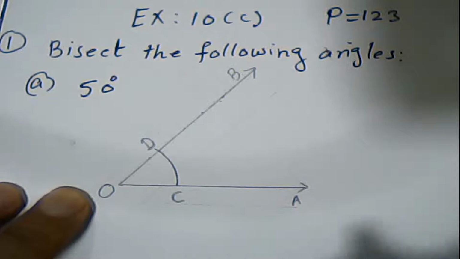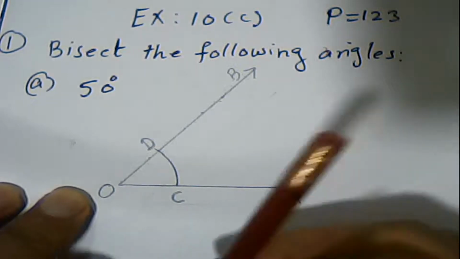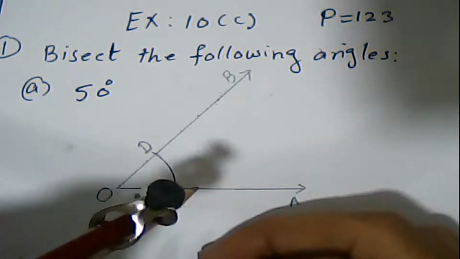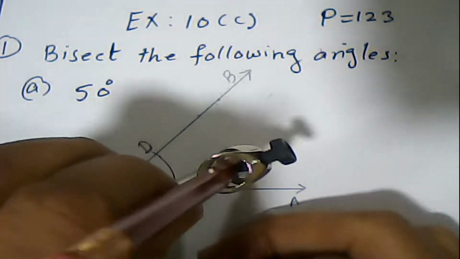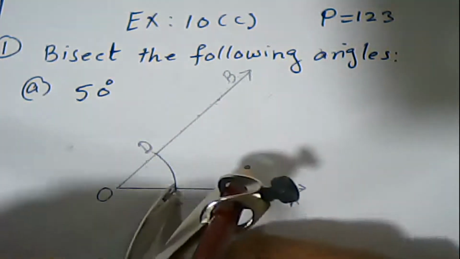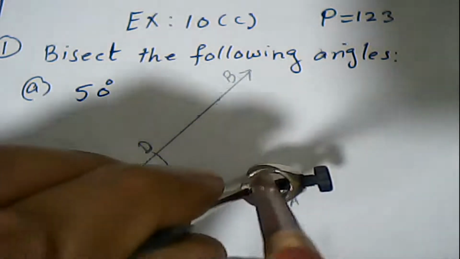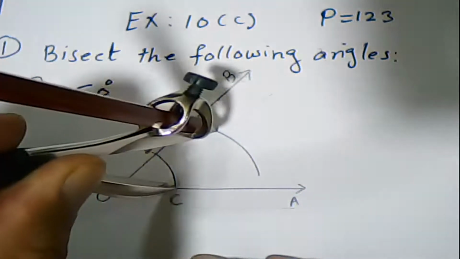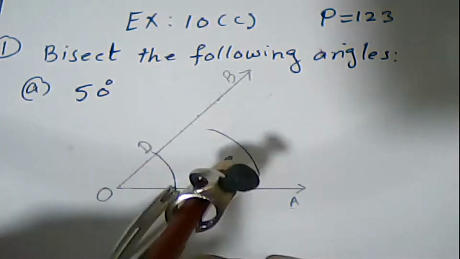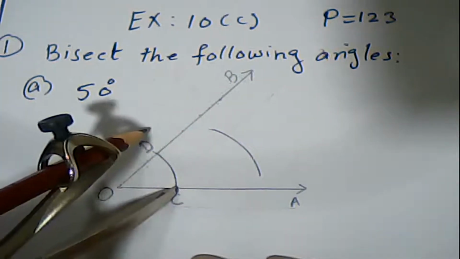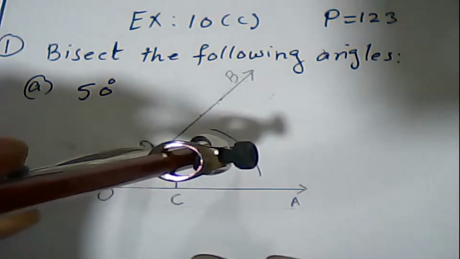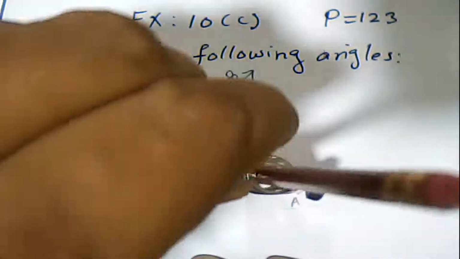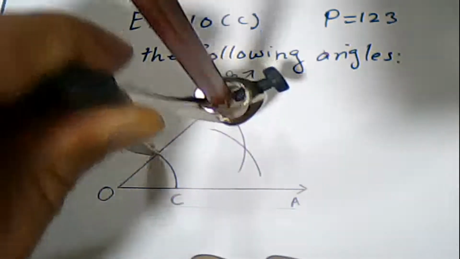Now open your compass to any length. For example, you can increase your compass size and draw an arc from point C. Now from point D, draw another arc.